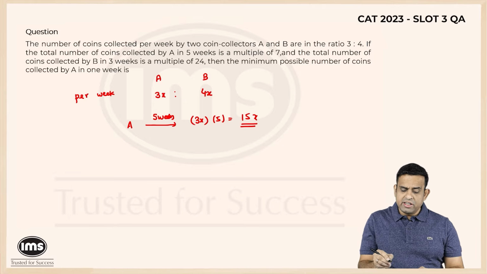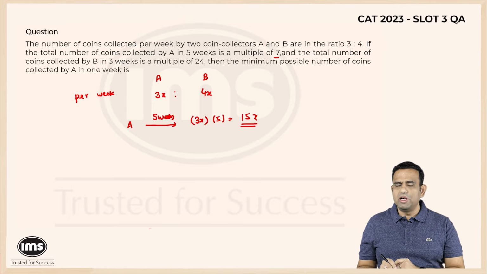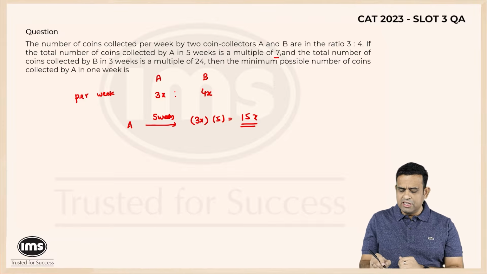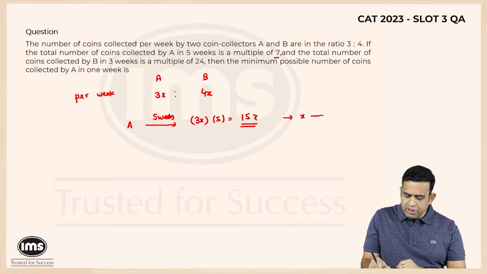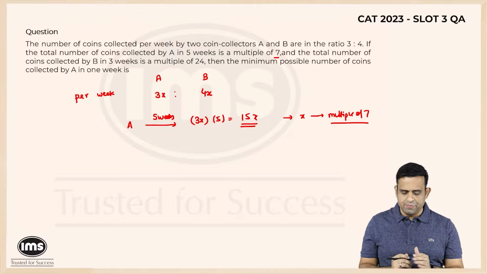And what they are saying is that it needs to be a multiple of 7. Now 15 into something needs to be a multiple of 7, then one can say that x needs to be a multiple of 7, because 15 is not a multiple of 7.